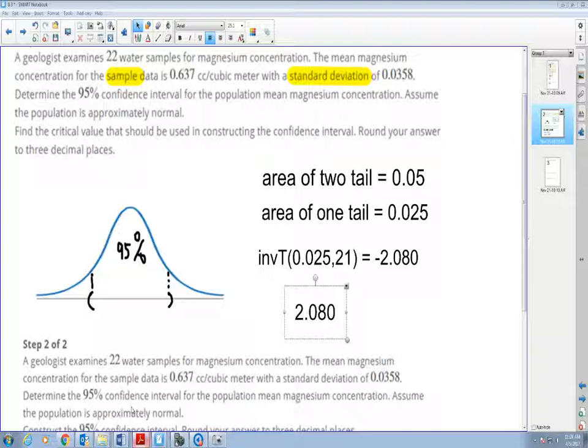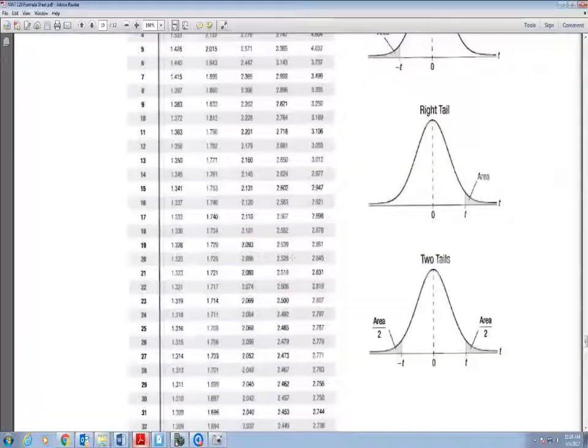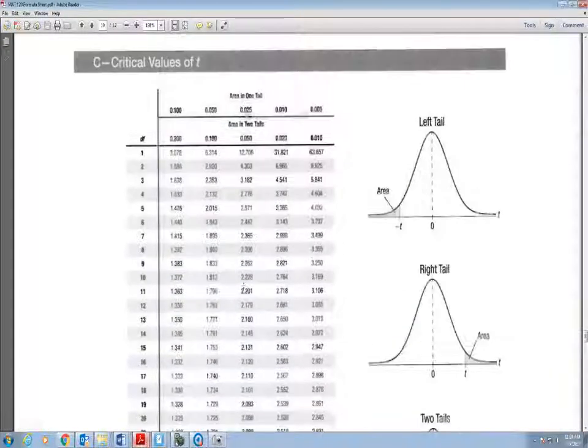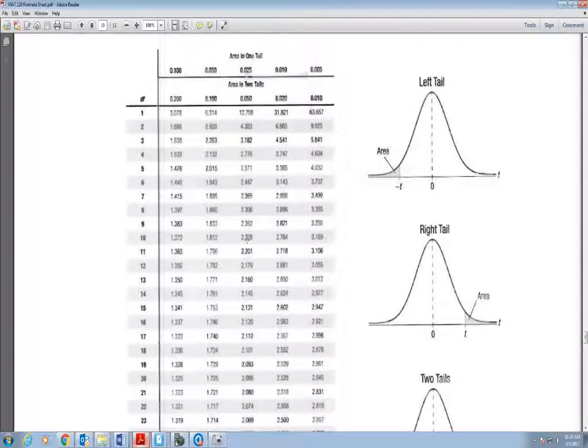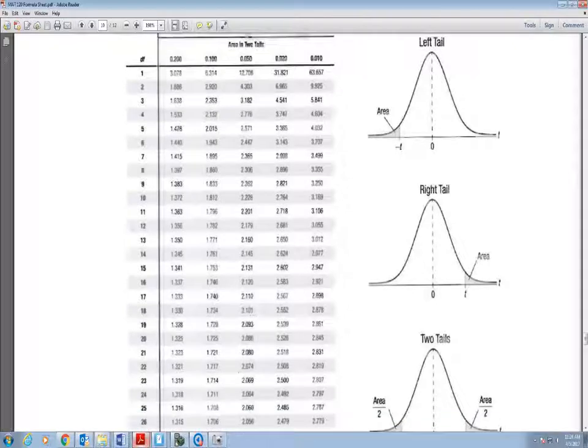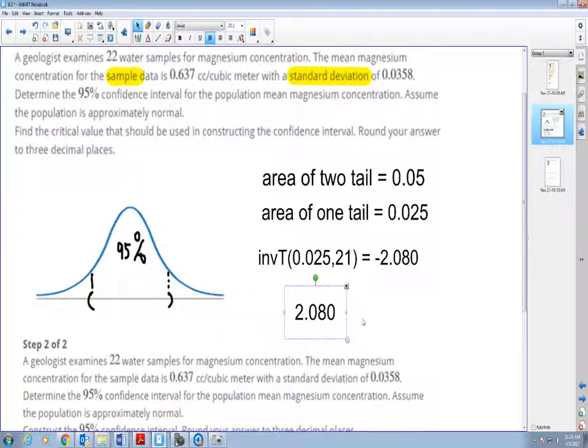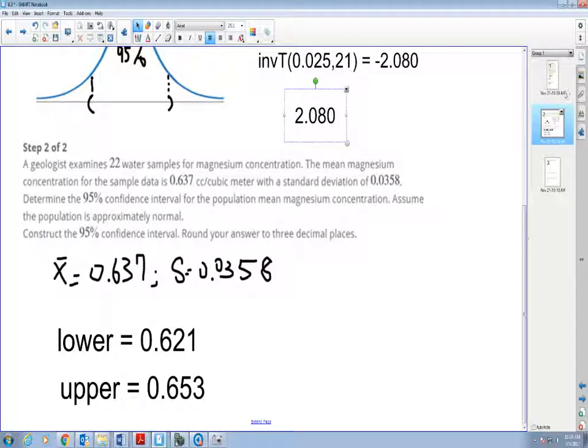Area of two tails, 0.05. Degrees of freedom, go down to the center: degrees of freedom 21 is 2.080. So that was the answer we obtained. You can do this problem by hand or use the calculator. Either way will work. Alright, let's look at another one.